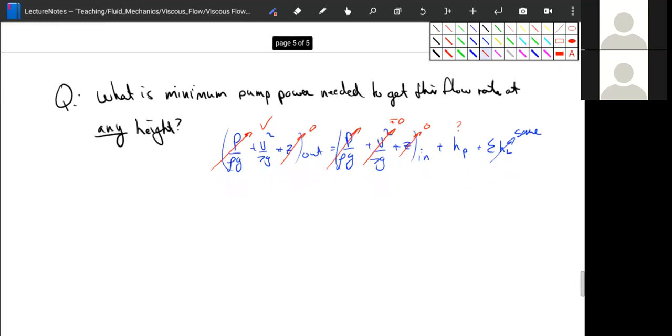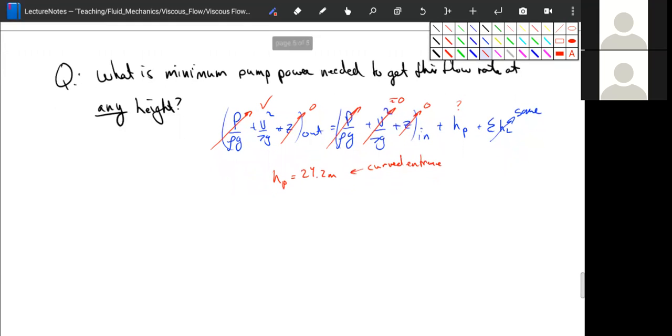If we plug this in, we find out that our H pump has to equal 24.2 meters, which we knew, right? We actually solved for that because that was the height needed. So we could have just plugged that in here. And this is with a curved entrance. If we had used a reentrant entrance, it would be over 30 meters worth of HP.